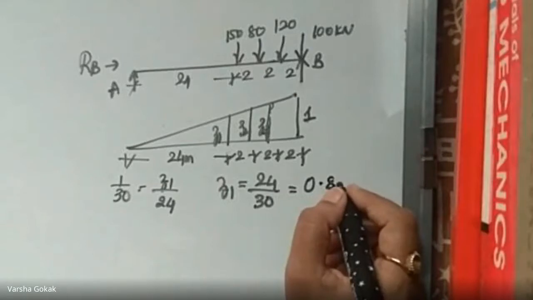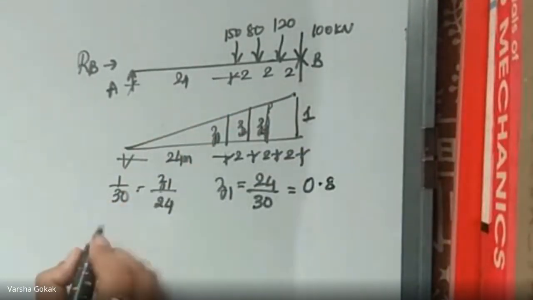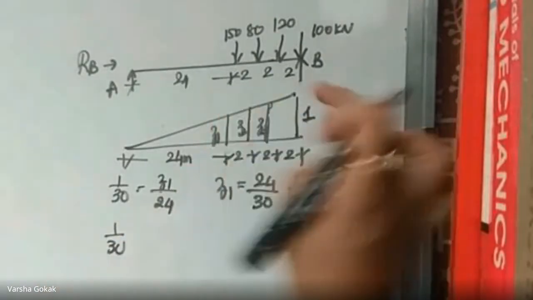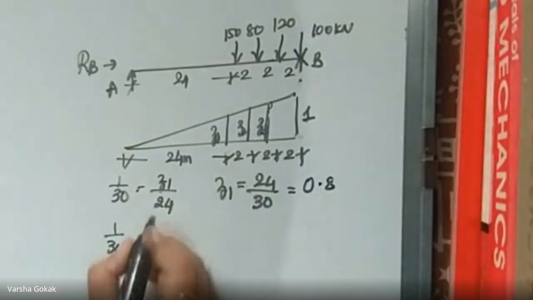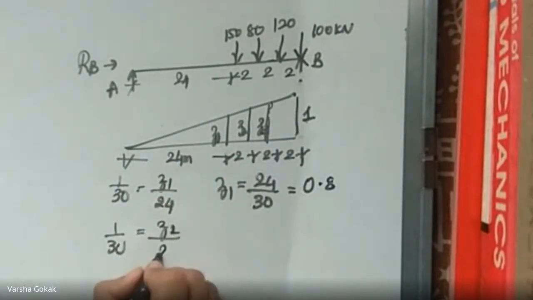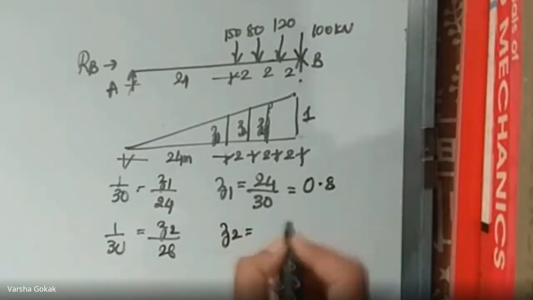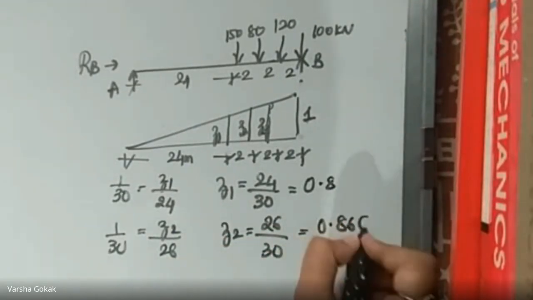Yes, ma'am, 0.8. They are going to be the same values because the numbers are the same. This is 0.8. Then for Z2, 1 divided by 30 is equal to Z2 divided by this distance, which is 24 plus 2, 26. So Z2 is 26 by 30, which is 0.866.